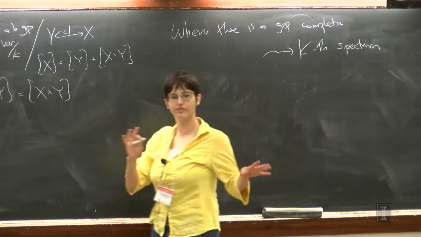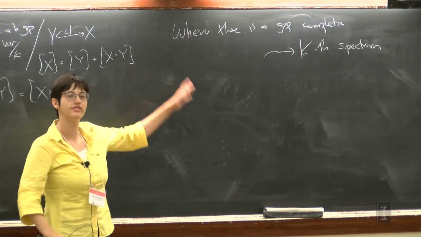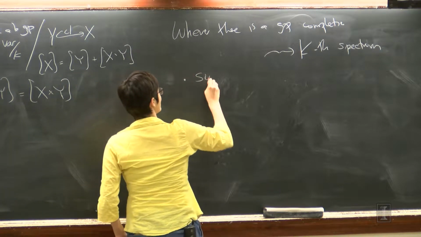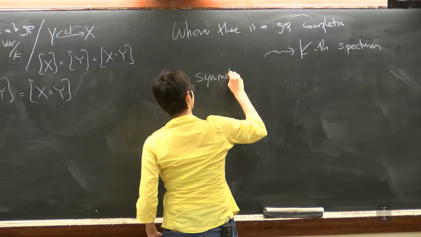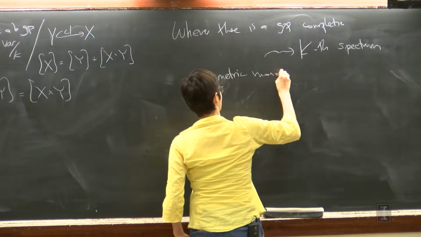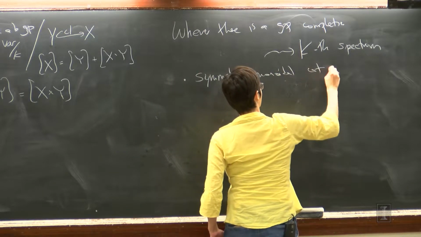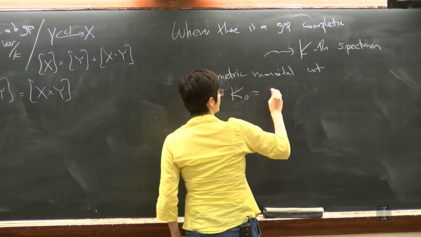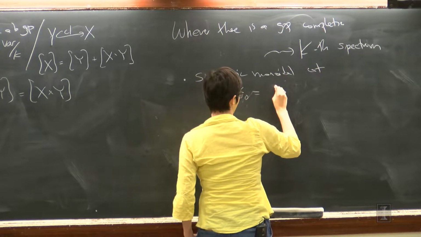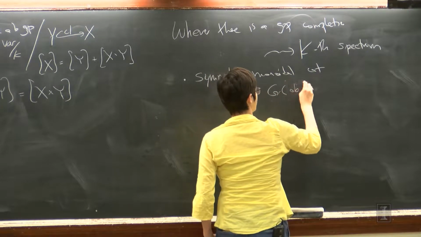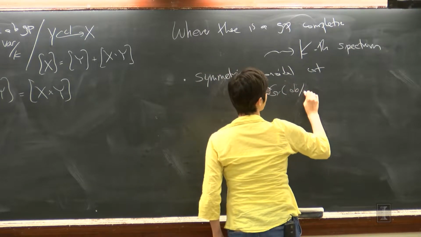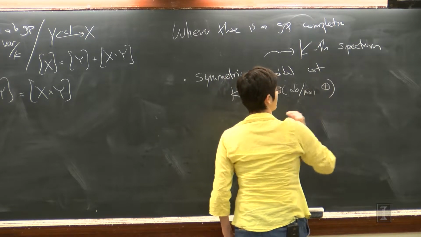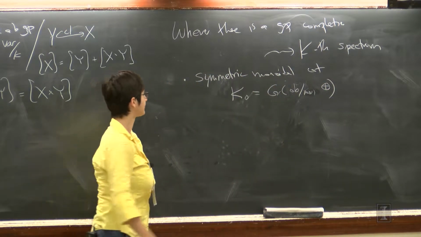And there's going to be a couple of minor or major lies in the following list. Please ignore them. So first off, if you have a symmetric monoidal category, this has a K-theory spectrum, and K0 is going to be the group completion of objects, in fact isomorphism classes, with whatever your symmetric monoidal structure is.